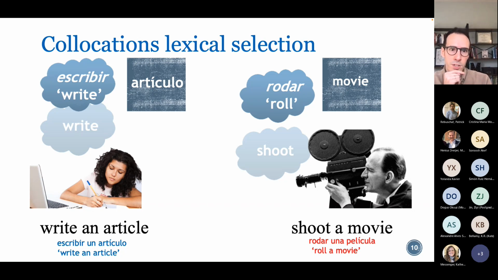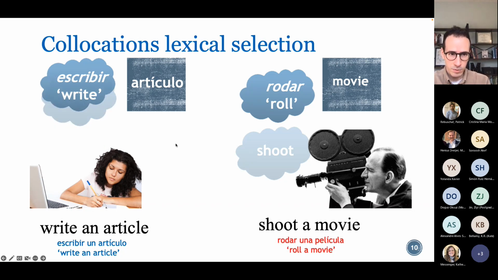If we consider the production side of things, in the case of congruent collocations, this is an easy task for learners, where they might mostly just rely on their first language. But in the case of incongruent collocations, what we would consider is producing a target verb-noun sequence such as shoot a movie.